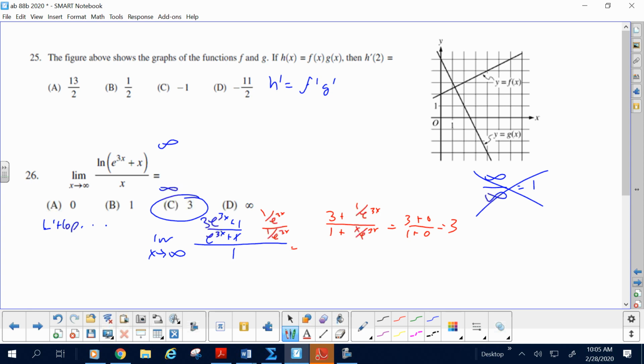Could you do L'Hopital again? You could. You would get 9e to the 3x over 3e to the 3x plus 1. And you might still say, well, it's still got the 1. If you took enough derivatives, eventually everything else but the e's would drop out and you would still see 3. Okay? The easiest way to do it, though, is just to use end behavior.